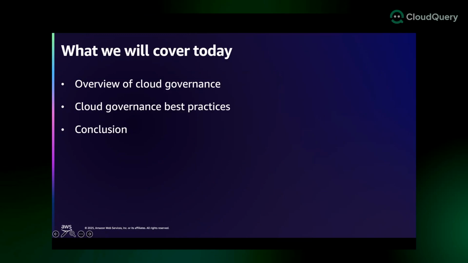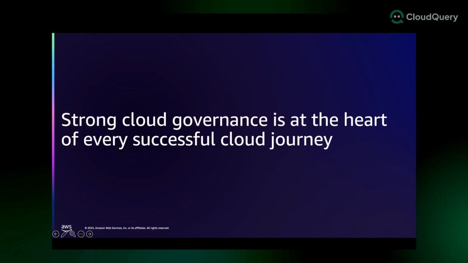One thing I want to start with is a message that we like to share with all of our partners and something that I think is key between AWS and CloudQuery, which is that strong cloud governance is really at the heart of every successful cloud journey. Whether that is a startup, where you're just making an AWS account and you want to create an application, or a seasoned enterprise that has hundreds and hundreds of accounts on AWS, having strong cloud governance is really the key to success.